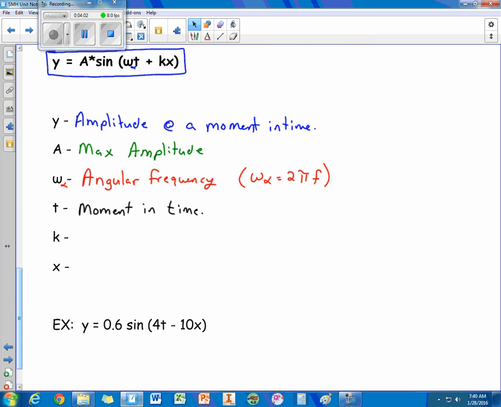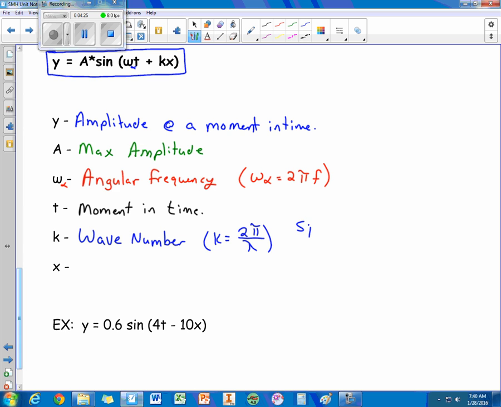All right, now for something new. K is called the wave number. What K equals is 2 pi divided by wavelength. And what it is, it's like a spatial frequency. It's the cycles per unit distance.